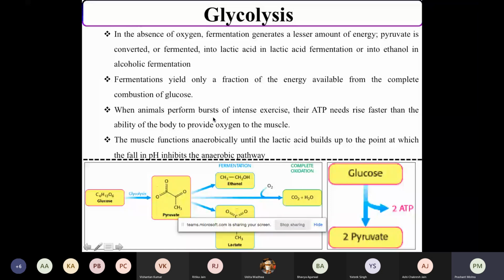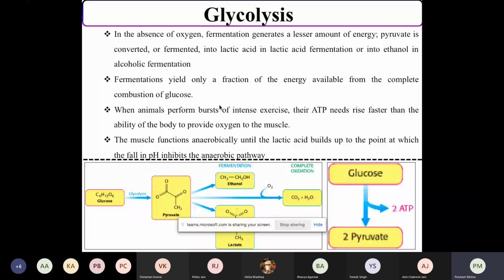This is again an explanation of the same thing. When animals or human beings perform burst intense exercise, their ATP needs rise faster than the ability of the body to provide oxygen to the muscle. So you have less oxygen or limited oxygen. Under those conditions, what will happen?